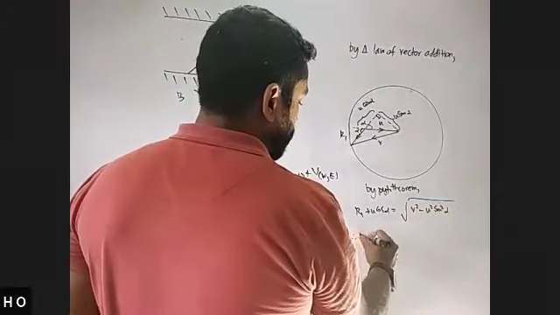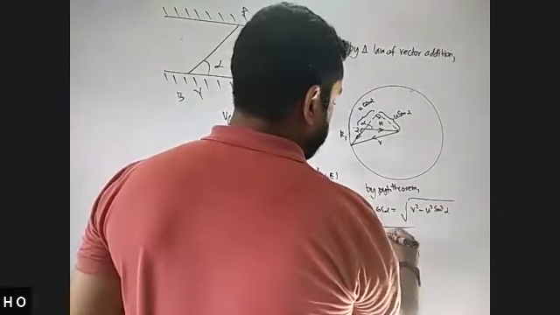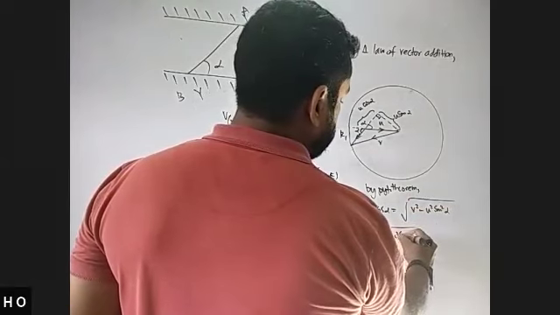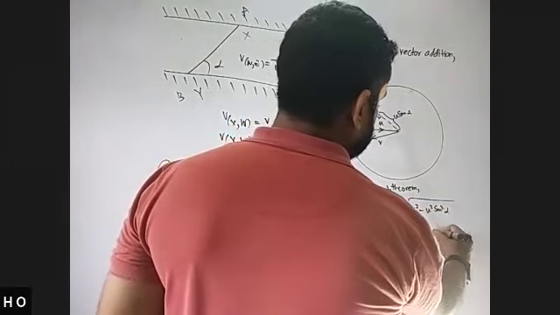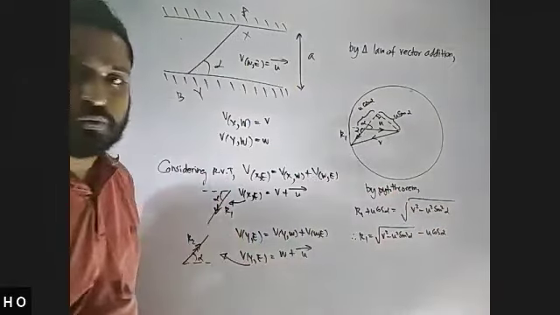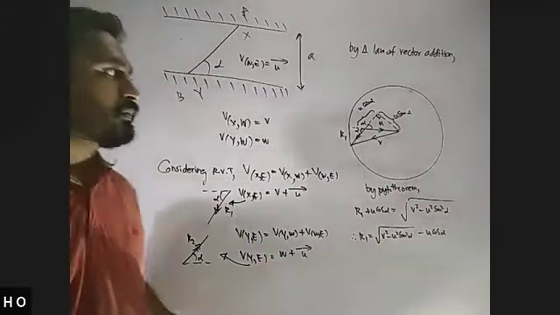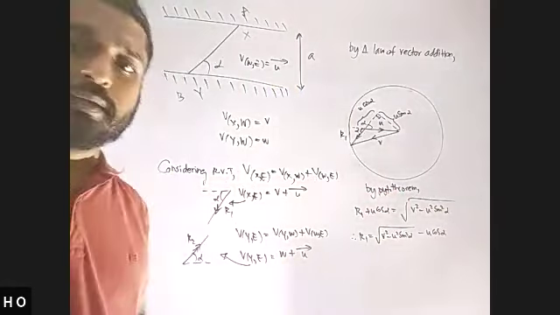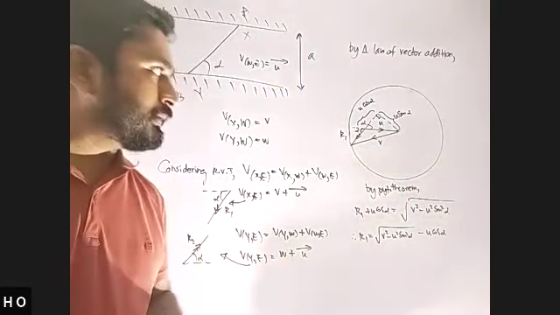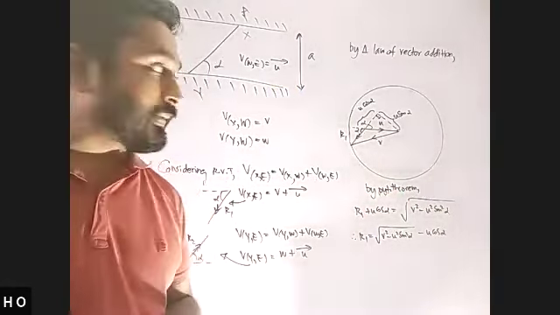Therefore, R1 is the square root of b square minus u square sine square alpha, minus u cos alpha. So you just found R1 by constructing the relevant perpendiculars, right?